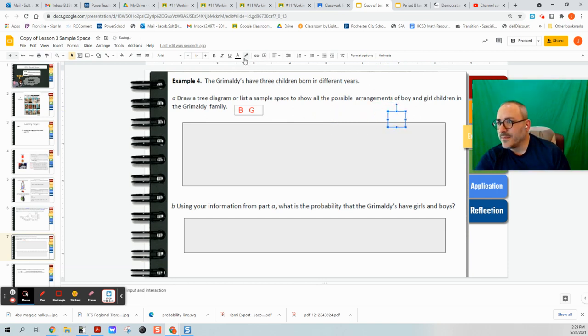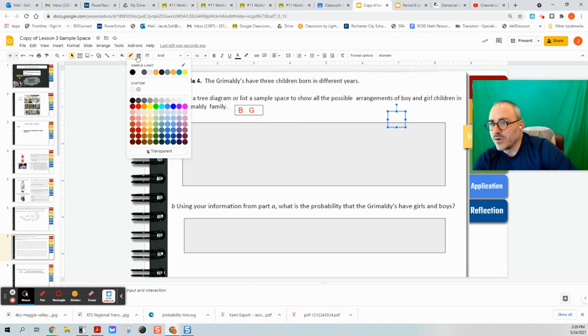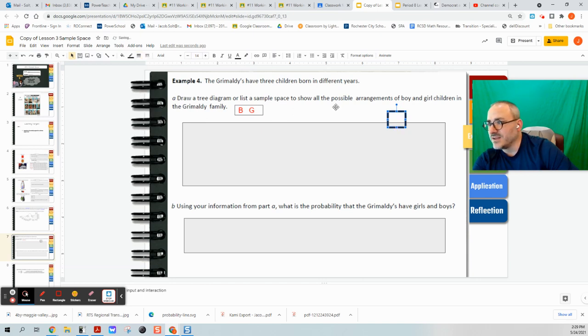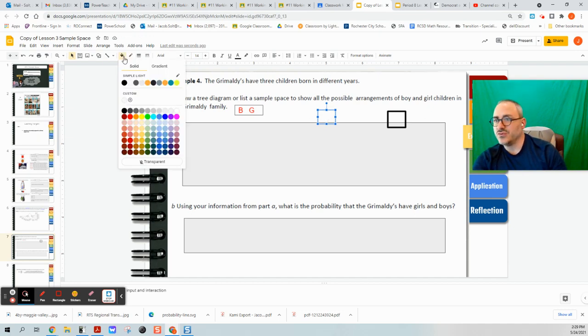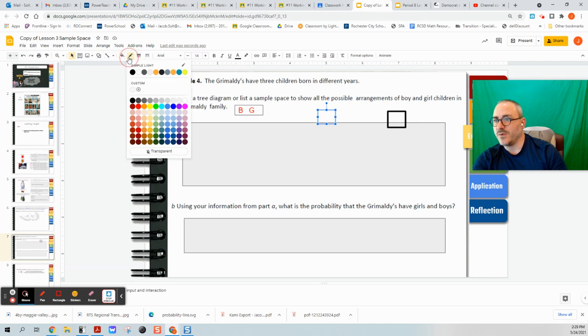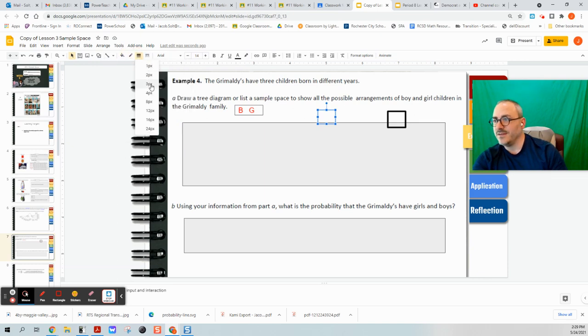I'm going to make a text box, and then I'm going to give it a border weight. Where's my border weight? There it is. There's a nice border weight right there. I like it. When I copy, border weight 4. Where's my border weight again? I lost it. It's over here somewhere. There it is.